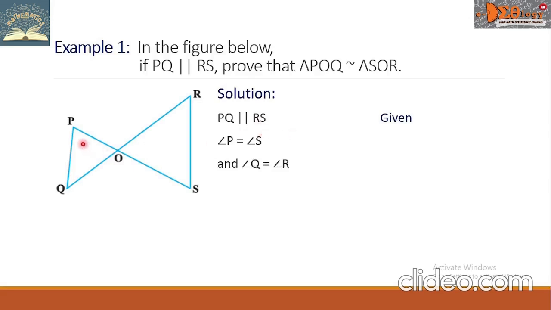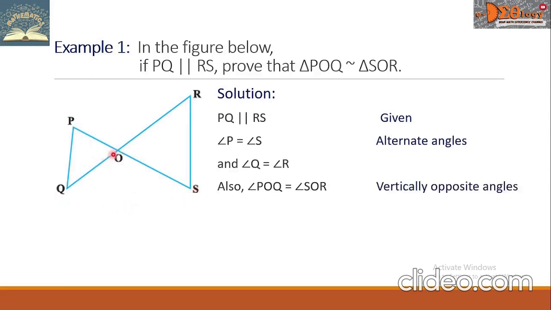If that is the case, the angle P is equal to the angle S. Also, angle Q is equal to angle R. That is because the angles are called alternate angles. Also, the angle POQ is equal to the angle SOR. The two angles are what we call vertically opposite angles. Therefore, the triangle POQ is similar to the triangle SOR by virtue of the AAA similarity criterion.